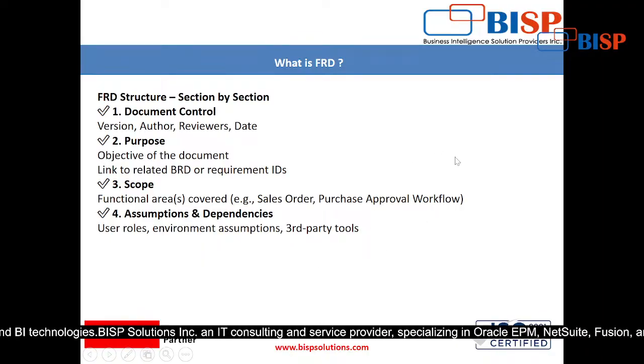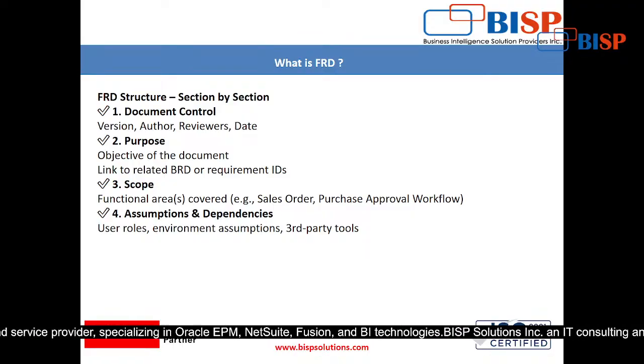Now let's see this. First of all, look at this functional structure, FRD structure section by section. First is document control: version, author, reviewers, date. I have shown you already that, right?